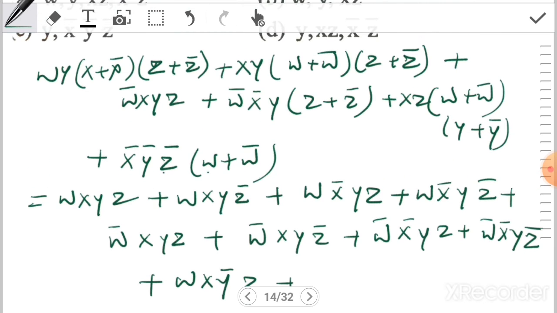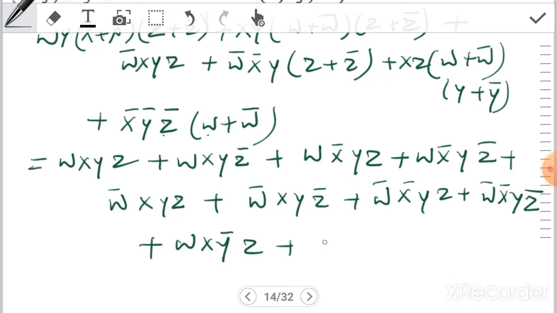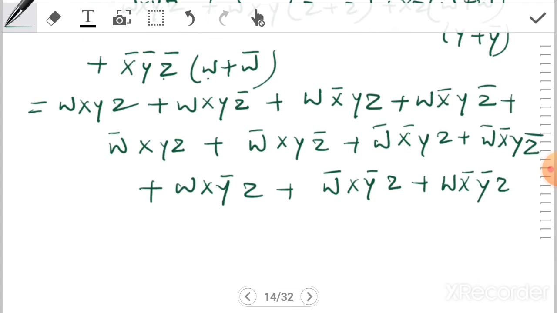Plus x z w complement y complement. Plus x complement y complement z complement w. Plus w complement x complement y complement z complement. Okay.